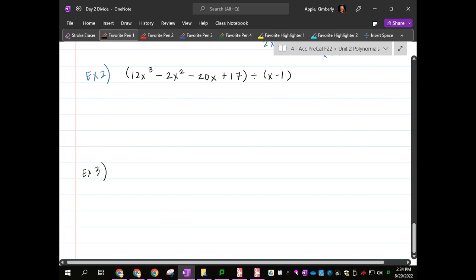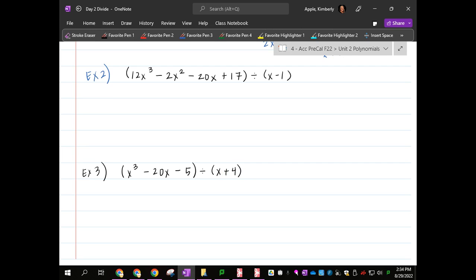I skipped example 3. Yeah, definitely give example 3 a try because it's got that hole in it. And that's what you're going to forget tomorrow on the quiz, is how to deal with those holes. So try those, and then I got maybe a couple more things to show you.